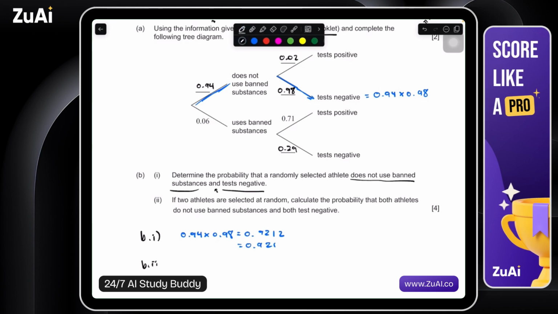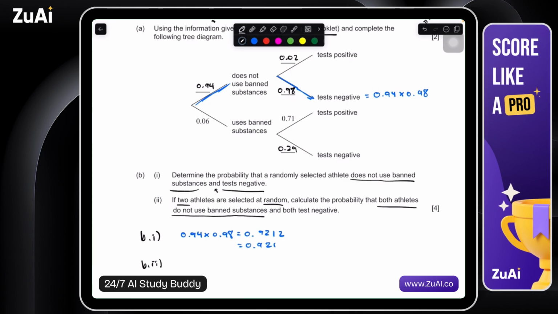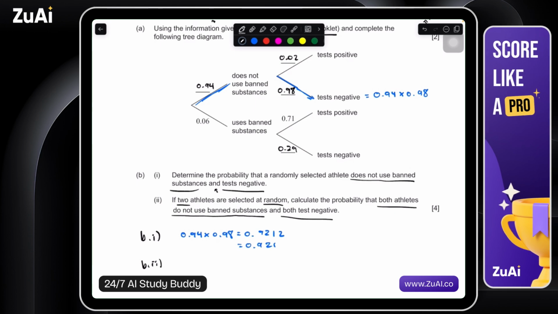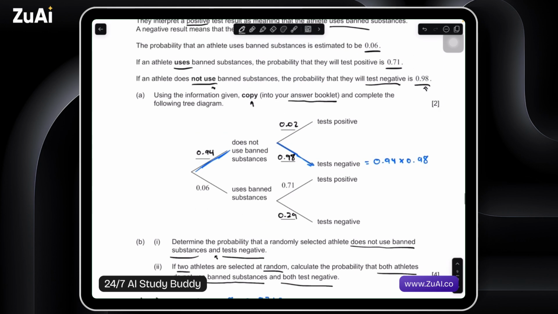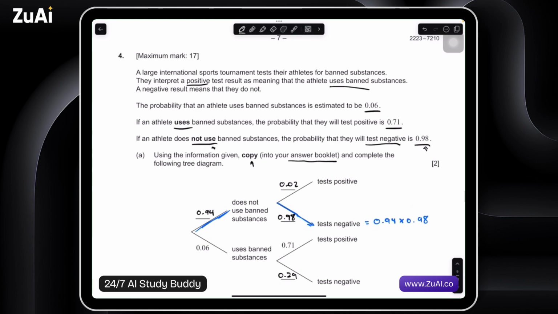And let's go to the second part of this question. If 2 athletes are selected at random, calculate the probability that both athletes do not use banned substances and both test negative. Okay. So in this case, whenever we say 2 athletes, you might want to think if it's dependent, as if, let's say there are 100 athletes gathered into a room and we look for 2 athletes, and in that case, the denominator would change.